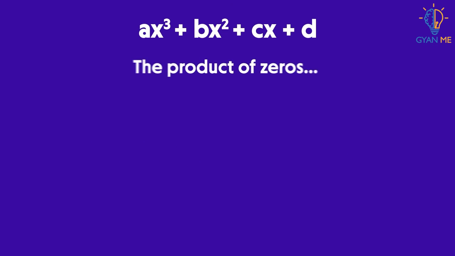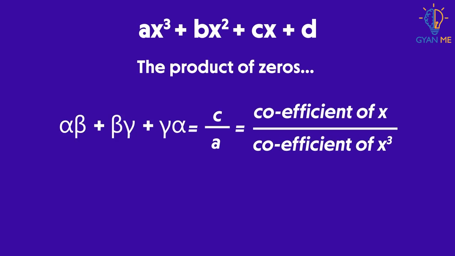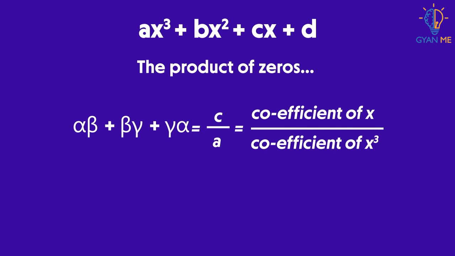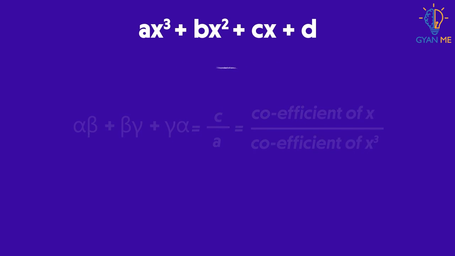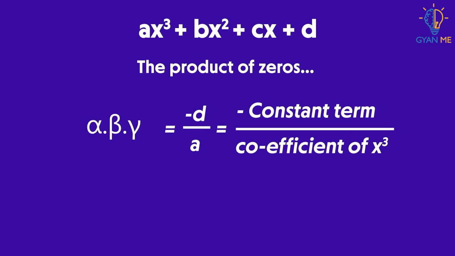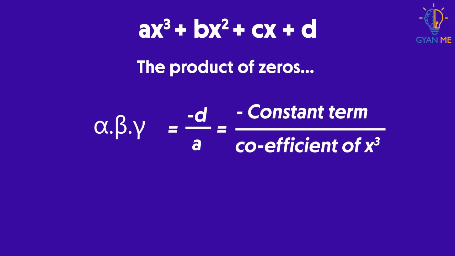The sum of the product of zeros, that is alpha into beta plus beta into gamma plus gamma into alpha is equal to c upon a, which is equal to coefficient of x upon coefficient of x cube. The product of zeros, that is alpha into beta into gamma, is equal to minus d upon a, which is equal to minus constant term upon coefficient of x cube.